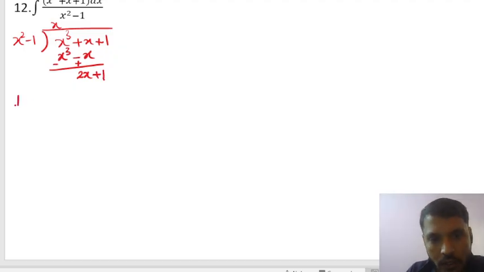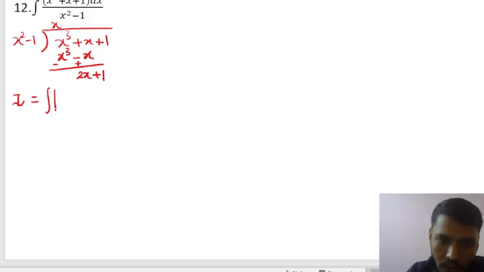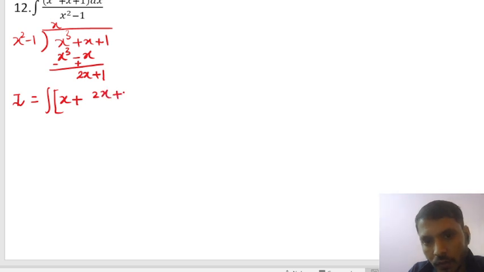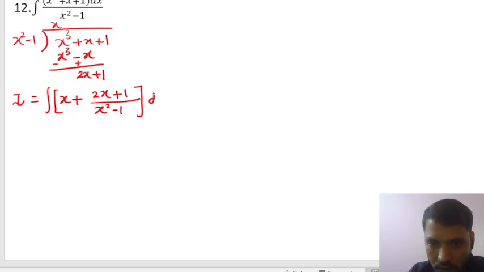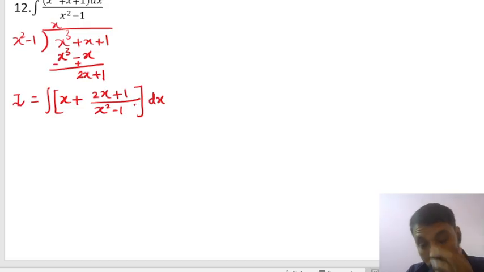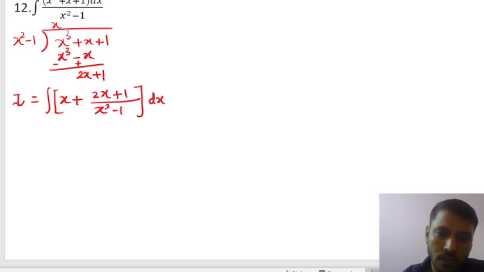That means now we can write our integration as, I am considering the given quotient as I. So I is equal to integration of the quotient, that is, x plus the remainder 2x plus 1, divided by the divisor, that means x square minus 1, and here bracket close, and then dx. Right, now we have to take the integration separately for both the terms, and the second term we can further split by dividing both 2x and 1 by the denominator.